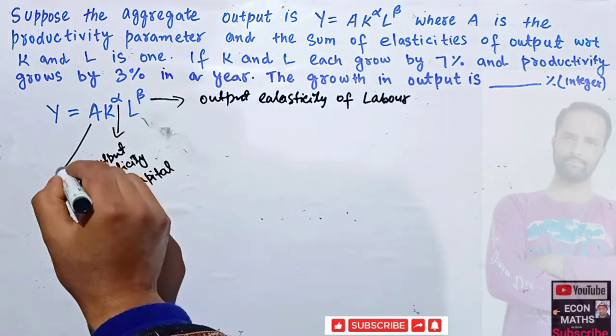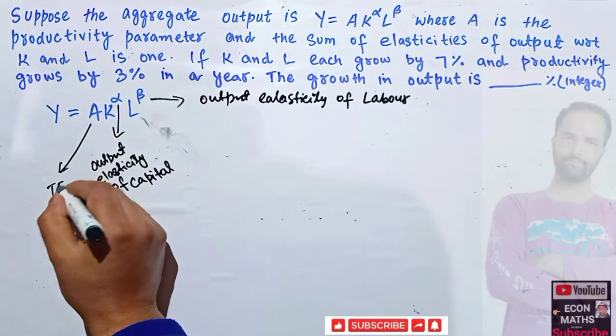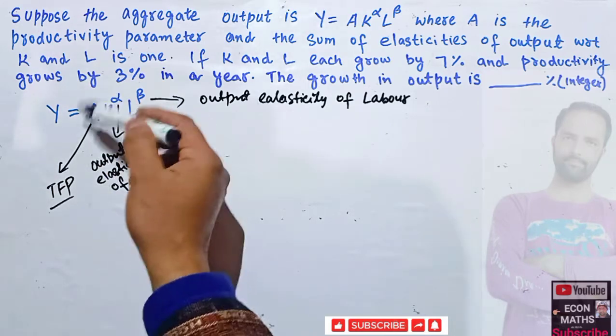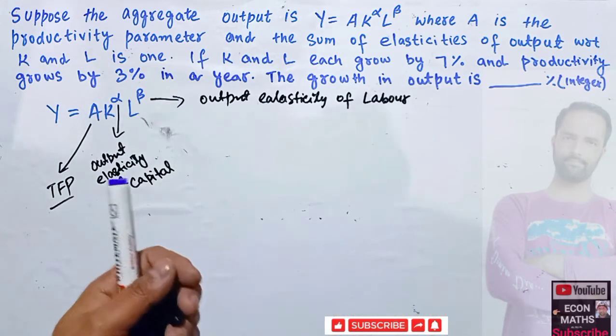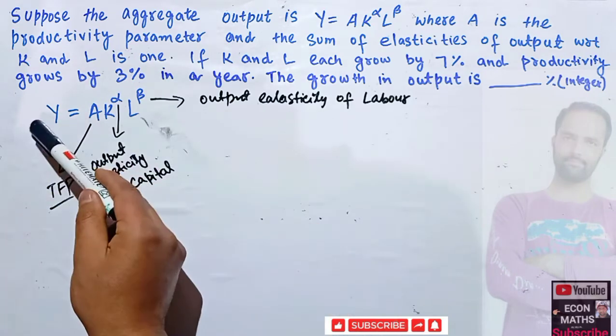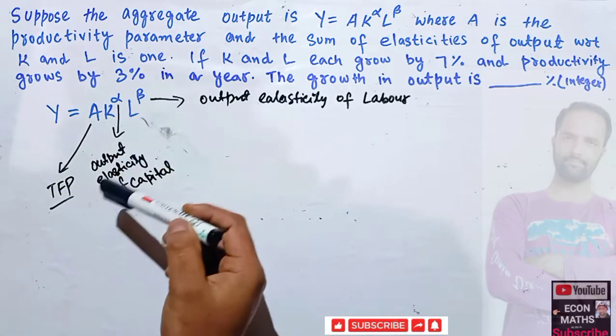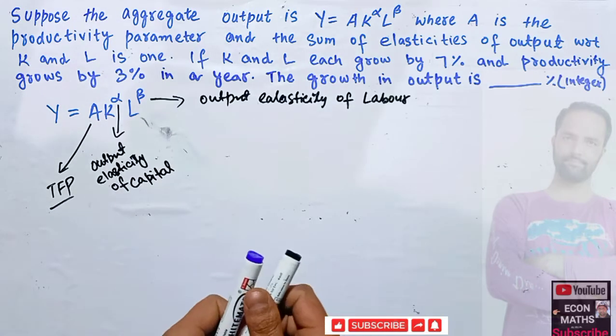And this A is our total factor productivity, that very parameter which measures the change in the output which is not explained by the capital or labor. We also call it Solow's residual.